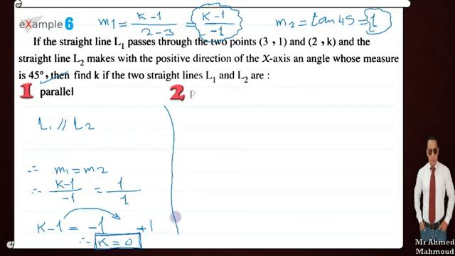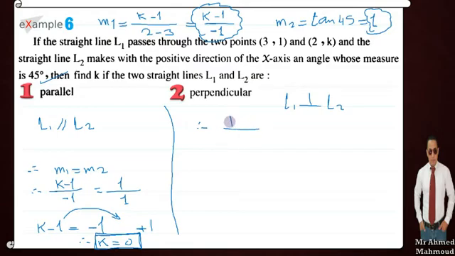Okay, number 2. If the two straight lines are perpendicular, L1 perpendicular to L2, therefore m1 equals the additive and multiplicative inverse of m2.